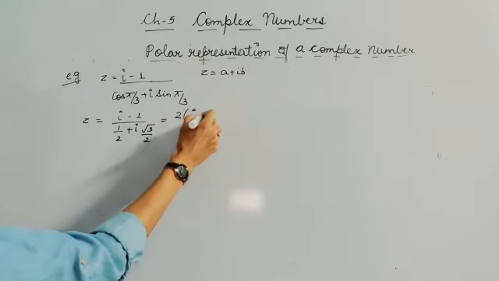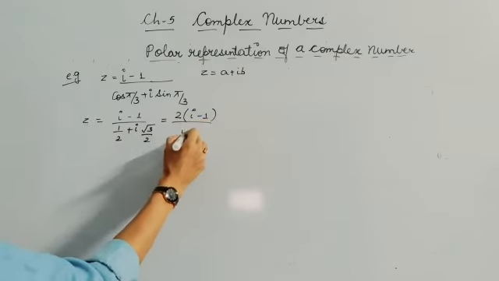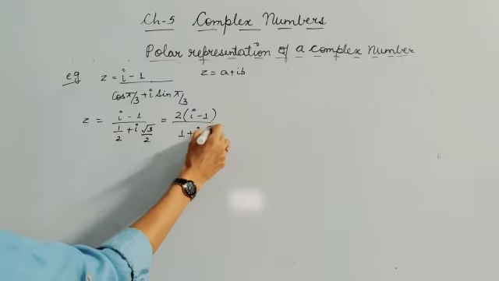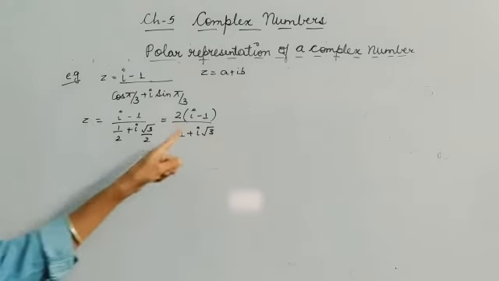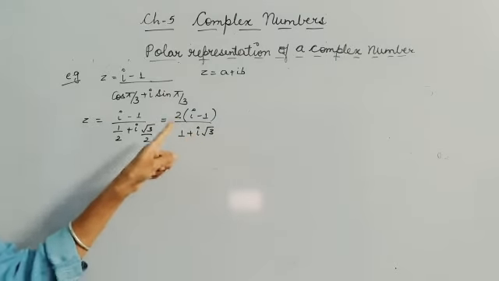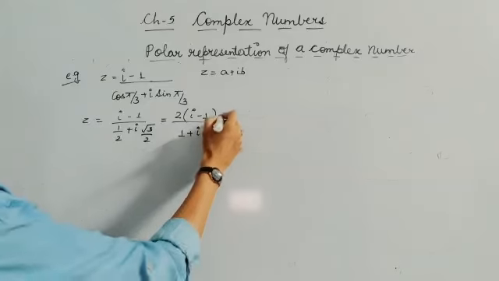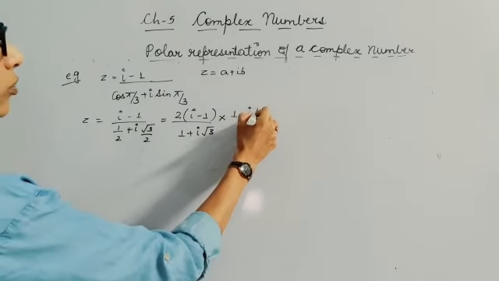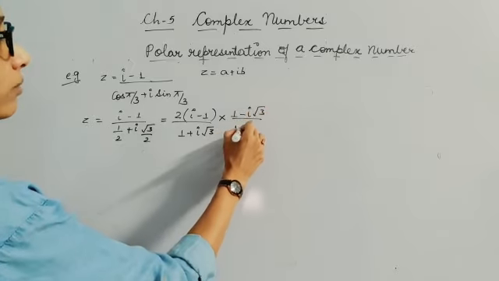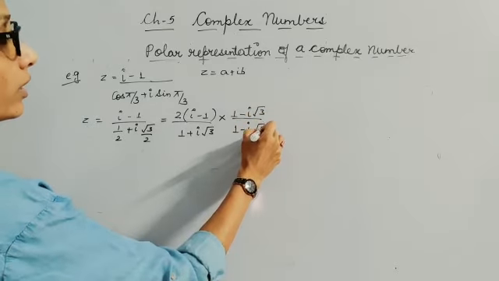So I can write it like this. So I am getting it as 1 plus iota root 3. Now in the denominator I am having iota. So I told you, you cannot leave the answer with iota in the denominator. So I have to rationalize it. So this will be 1 minus iota root 3 upon 1 minus iota root 3.